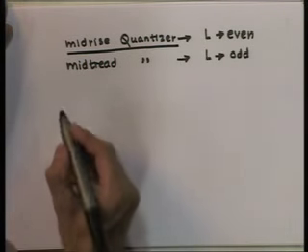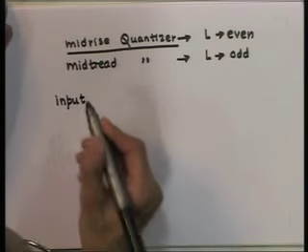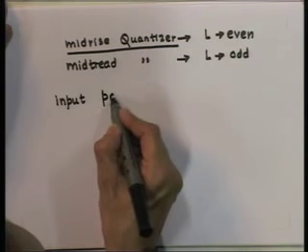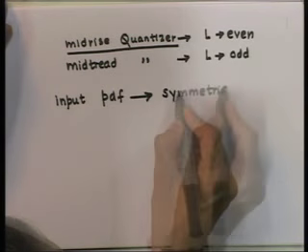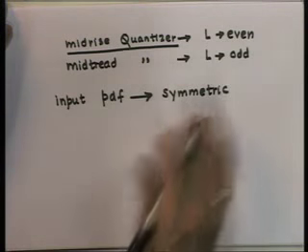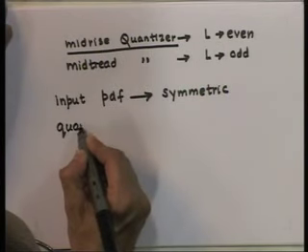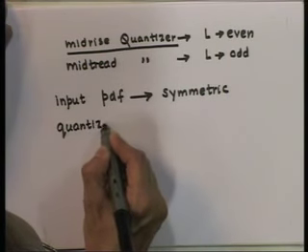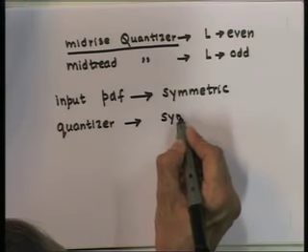We will also assume that the input PDF is symmetric around the origin, and we also assume that the quantizer is also symmetric.